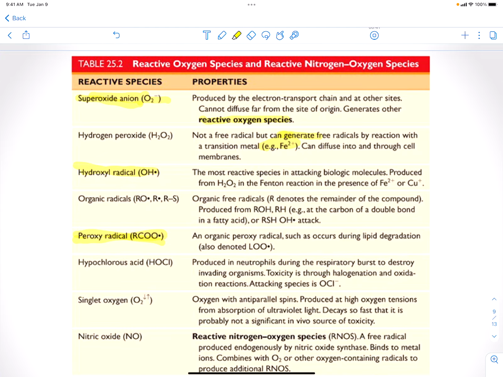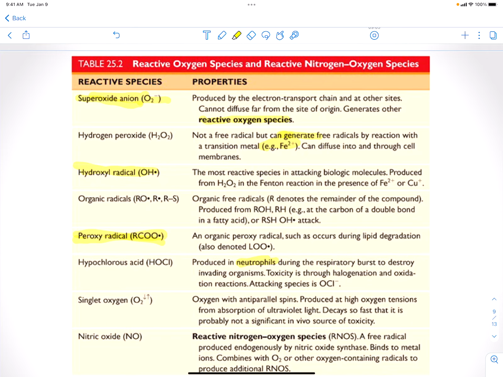Hypochlorous acid is produced by your immune system by neutrophils during what's called the respiratory burst. This is to kill invading bacteria, but it can also attack our own cells. We have singlet oxygen, where one of the electrons has moved to a different orbital and has an anti-parallel spin.